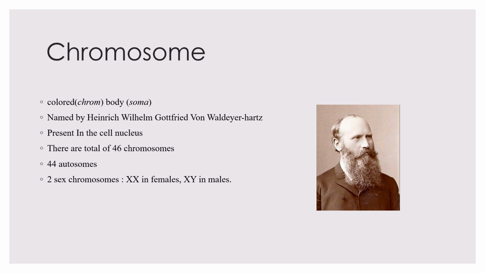In females, you have 2 X chromosomes, and in males, we have 1 X and 1 Y chromosome, right? This is the scientist Heinrich Wilhelm Gottfried von Waldeyer, who named the chromosomes as chromosomes.